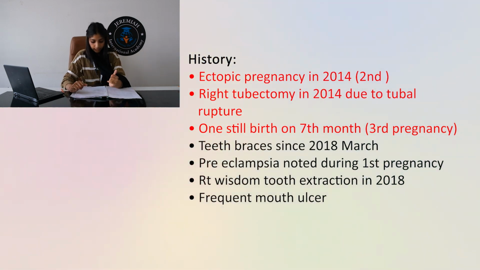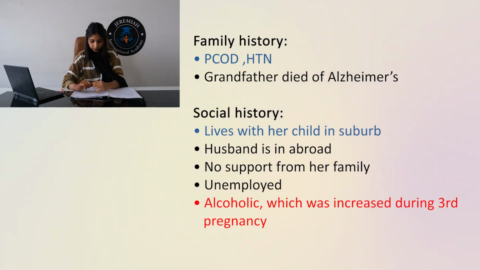Okay, and other histories are also there, like teeth braces, right wisdom tooth extraction and frequent mouth ulcer. It's completely irrelevant. As I have already mentioned, we are writing this letter to a gynecologist, so it is irrelevant.